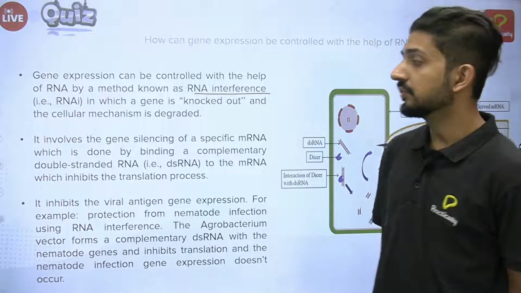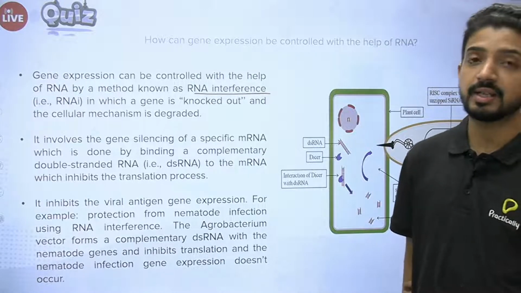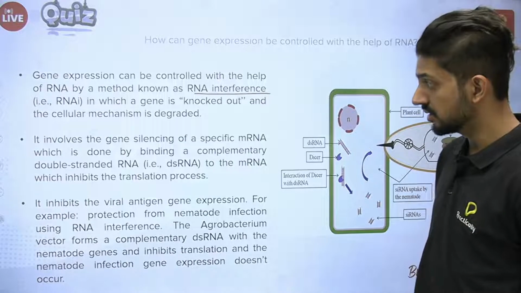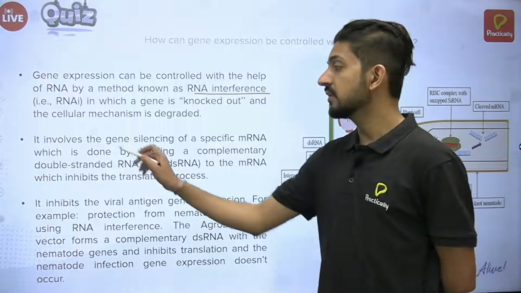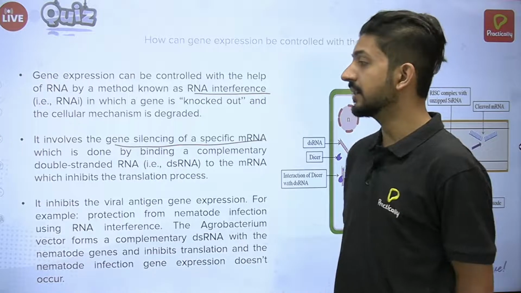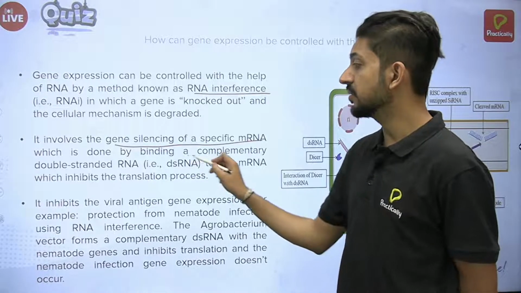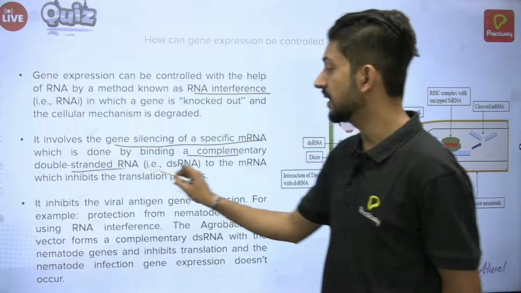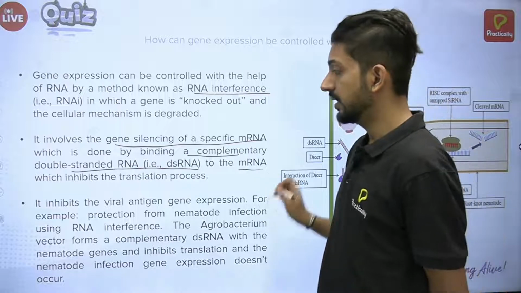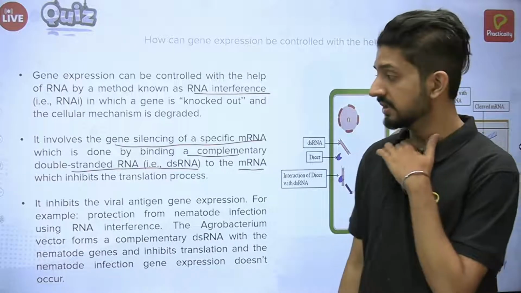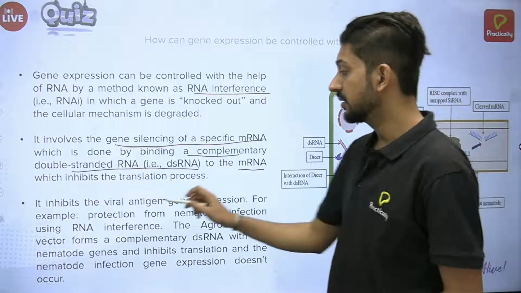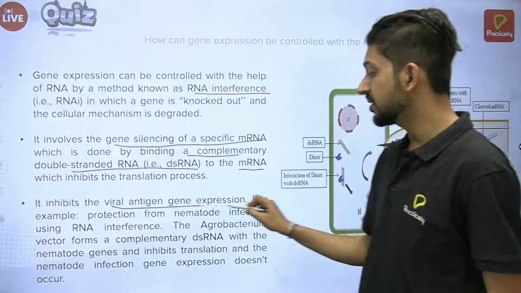We have already seen in this chapter that this technique is used. It involves gene silencing of specific mRNA, which is done by binding complementary double-stranded RNA to mRNA, which inhibits the translation process, and by that it also inhibits the viral antigen gene expression.